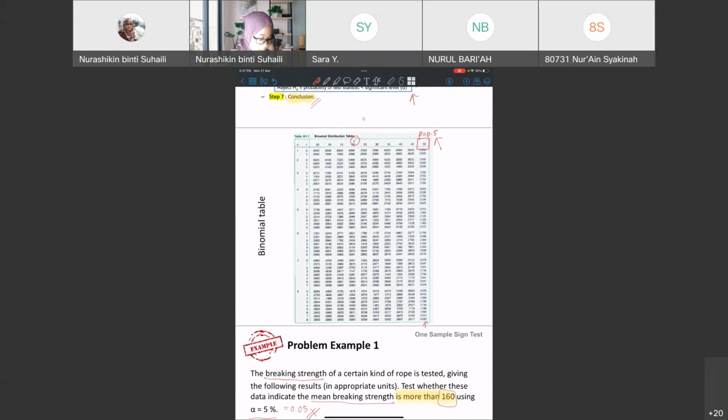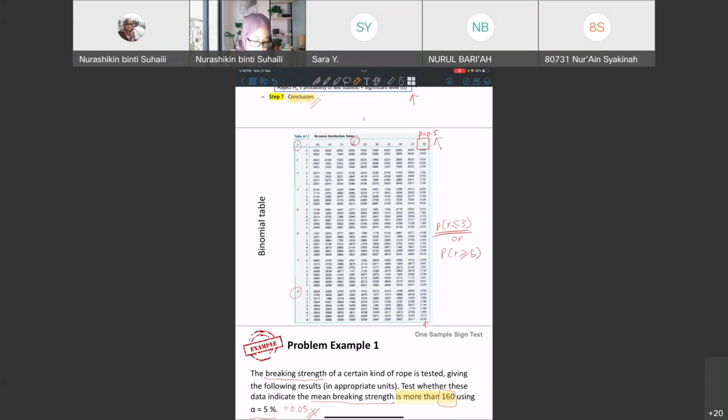Our n here is 8, kan, so we have to refer to this. We are looking for the event R less than or equal to 3, or R equal to 5. Yang ni lah paling senang sebenarnya. It's actually the same. I will show you later.